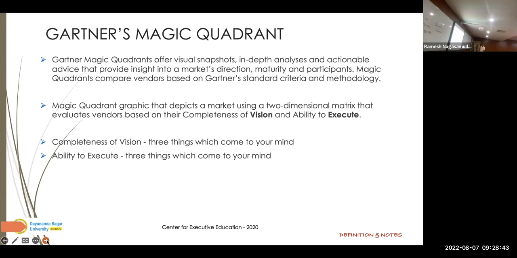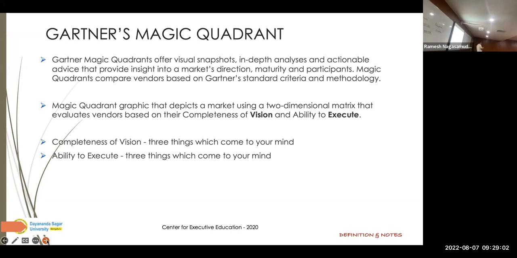So one method that is used to analyze how good, how mature a company is, how are they doing in the market, is what is known as the Gartner's Magic Quadrant.